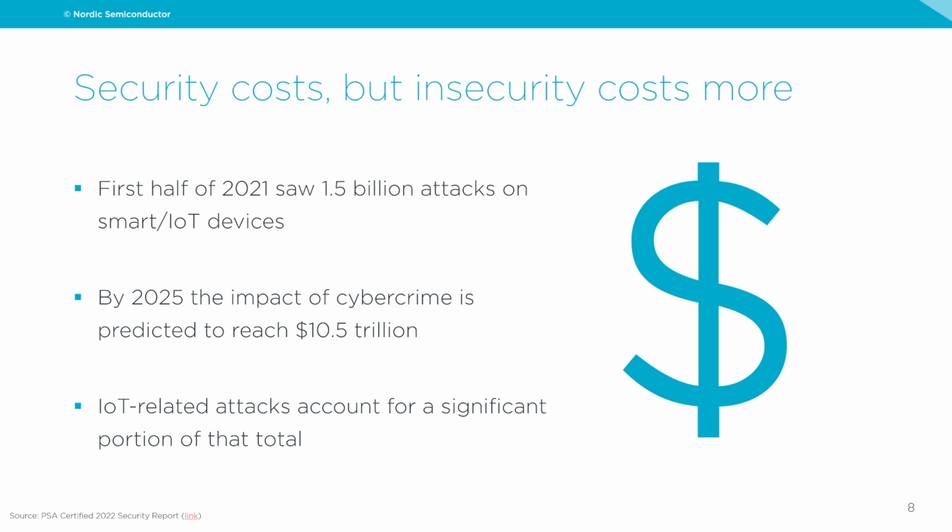And the estimates from various studies are that by 2025, the impact of cybercrime on a global scale is going to reach upwards of $10 trillion. And out of this, we know that IoT-related attacks account for a significant portion of that total. But these are large numbers that we're talking about when it comes to security, or the lack of security.